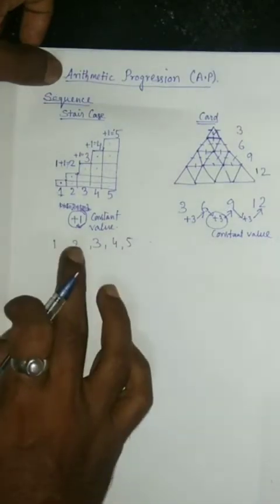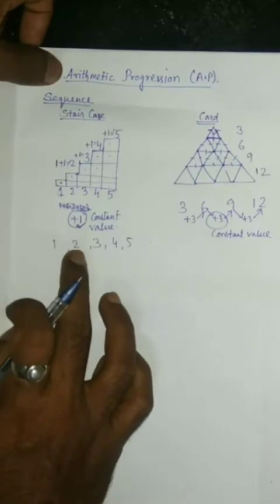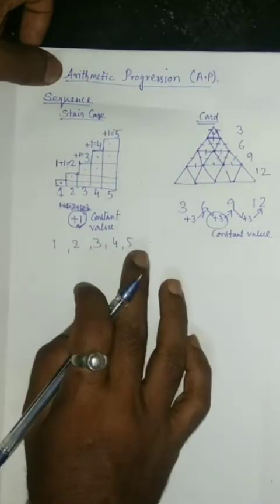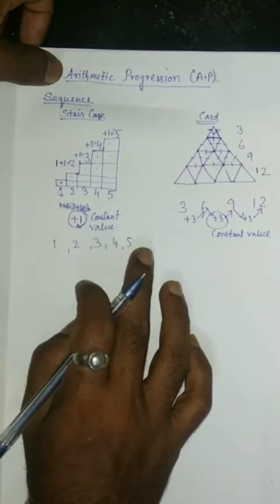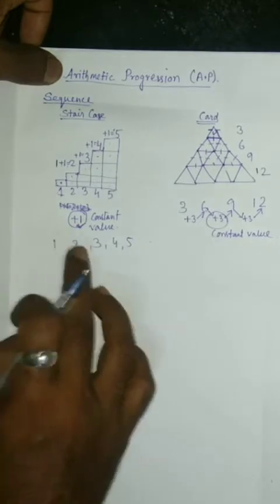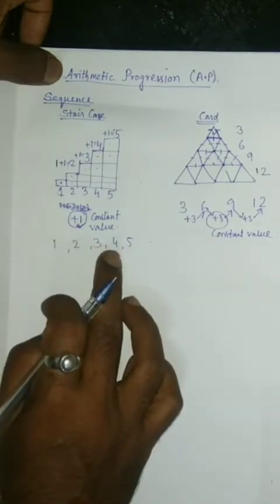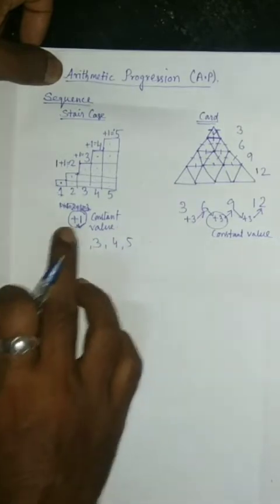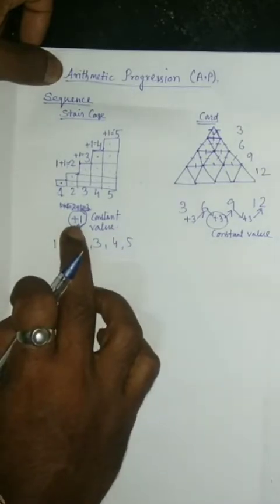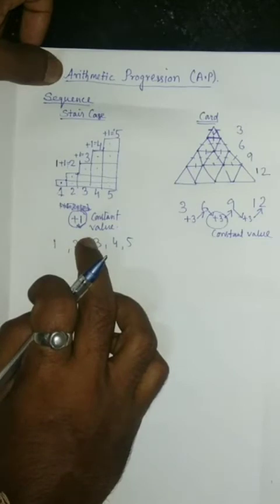So whenever we get a particular pattern to follow the number, then this is called our sequence. In this case, we are getting a particular pattern. The particular pattern is that with each and every number, I am adding plus 1 to get the another number.